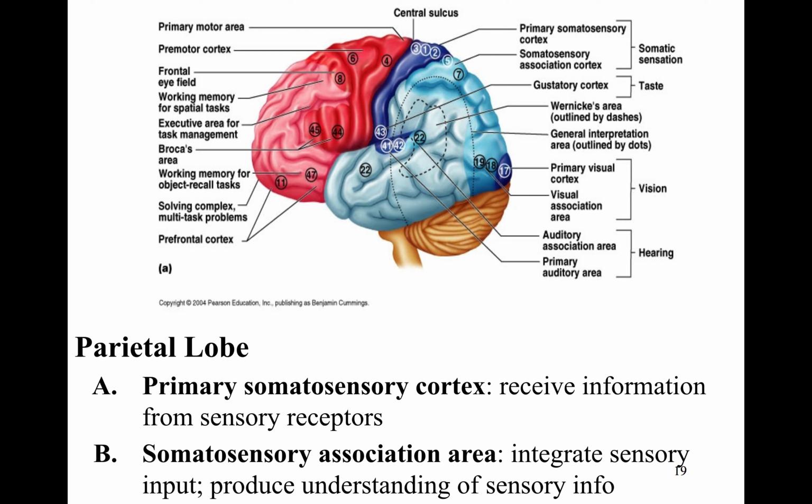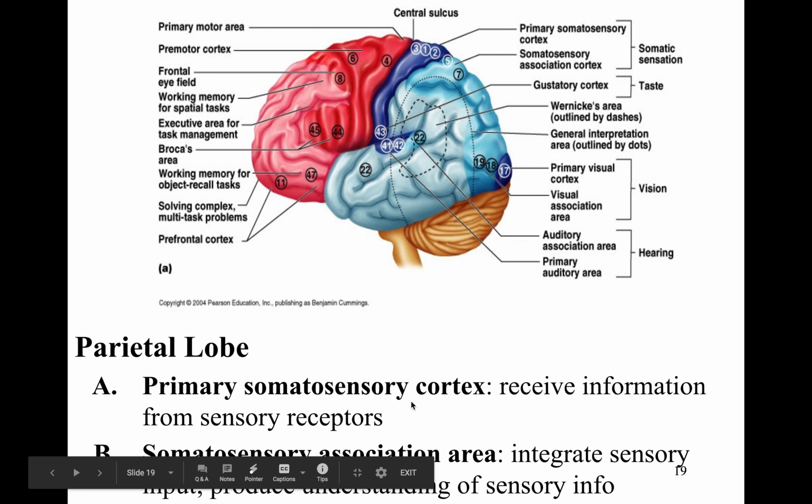Remember that sensory receptors are sensing a change in some variable, and then that sensory information is being sent to the brain via sensory neurons. So sensory neurons containing that sensory information are going to synapse with the interneurons of the primary somatosensory cortex.